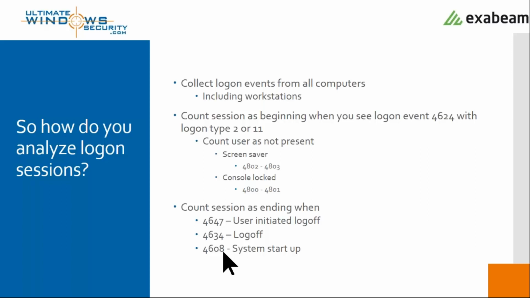Count the session as ending when you see any of the following: a 4647 for the same logon ID, a 4634 for the same logon ID, or a 4608 that the system started up, right? Because obviously the logon session ended when the computer went down.